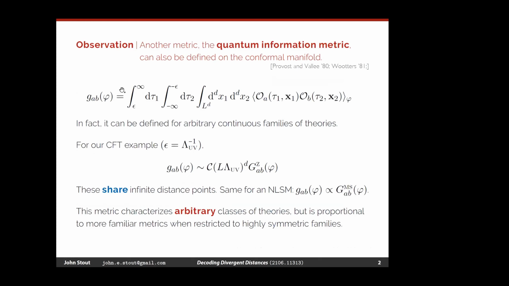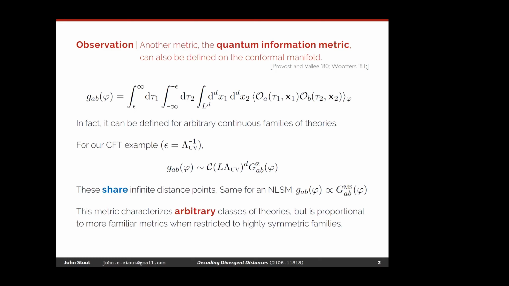Schematically, this can also be written in terms of the two-point function. The benefit of this metric is that it can be defined for arbitrary continuous families of theories. It doesn't matter what the deformation is, I can always define this metric, and it quantifies something about that family.